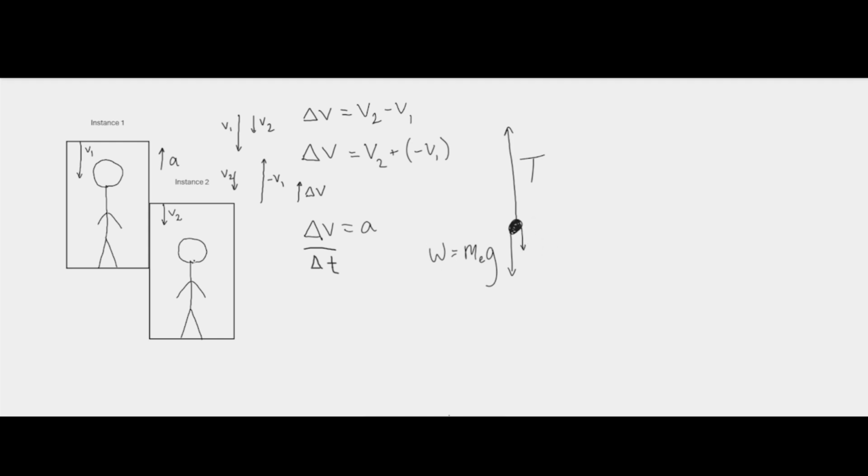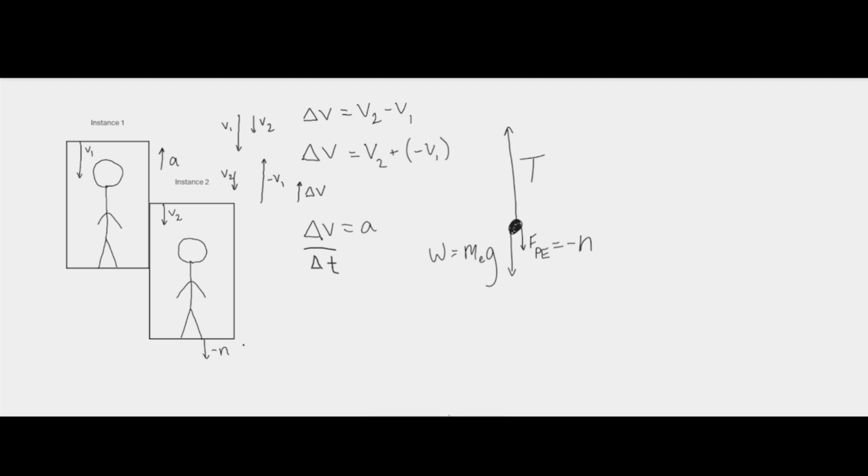If you look at this now from the elevator's perspective, the elevator is going to feel this person that's also pressing downwards on it. You can call that, generally, F of the person on the elevator. And it's actually a normal force that is pushing downward, so I'm going to call it negative N. At this point right here, it's what the elevator is feeling from this person's two feet pressing downward on it. So it would be this normal force right here, pointing in the downward direction.